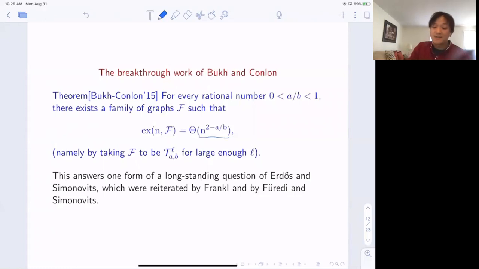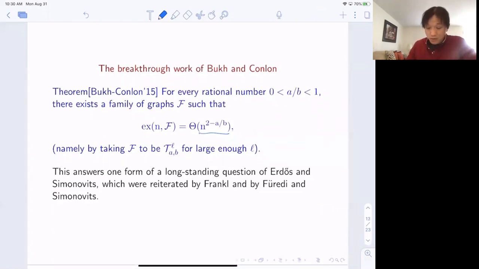Earlier I said that for every such a over b you can find a balanced caterpillar with the desired rho value. This is quite significant, because it tells you every rational number between 1 and 2 can be realized as an exponent for some family of bipartite graphs. So this answers one form of a long-standing conjecture of Erdős and Simonovits, which was reiterated by Füredi, and also in the survey by Füredi and Simonovits.